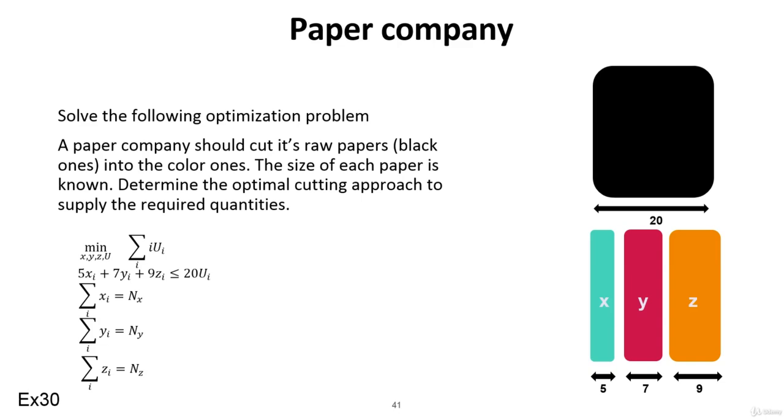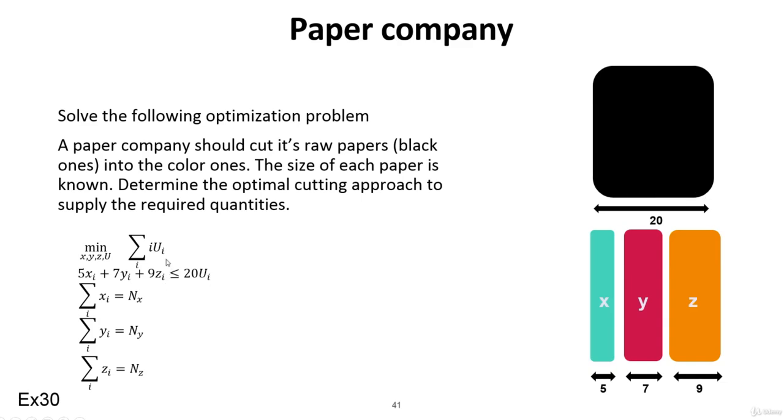Let me give you an example. If I only need the X kind of size, each black paper can give me 4 of these green ones, or 2 of these red ones, or 1 green and 2 red, or 2 yellow ones.